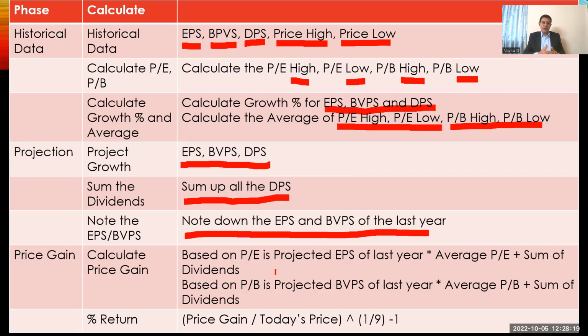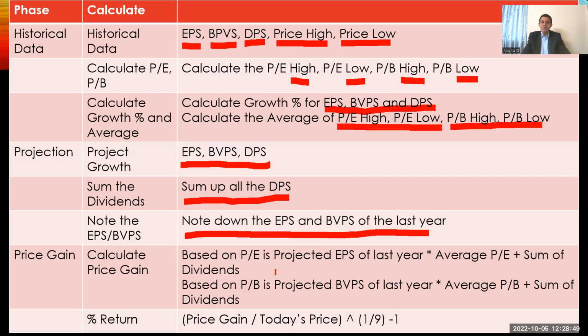Once we arrive at the future price gain, we check what the price is today, and then we use the compound interest formula to determine the rate of return if we put in capital today. So then we can tweak it: if I want to achieve a 15% or 16% growth rate, what is the price I need to buy at today? That also we can do.